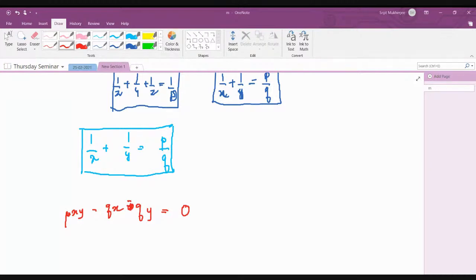Because it's essentially a linear factorization problem. We're trying to find integer solutions to 1 by x plus 1 by y is equal to p by q. So we're generalizing from 1 by d to any rational number p by q. We are trying to find, in two cases, the number of rational solutions and the number of integer solutions. Initially we are doing the integer solutions now.